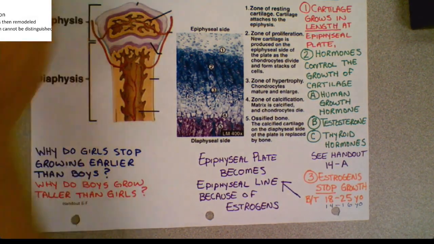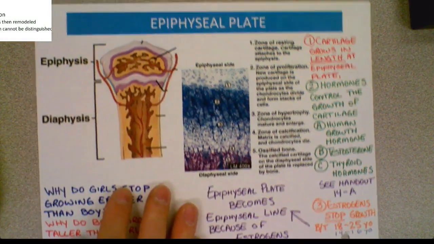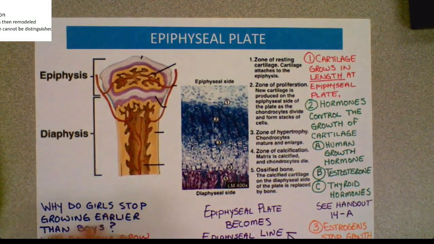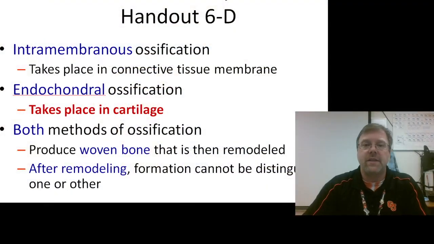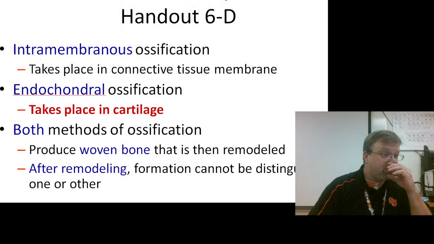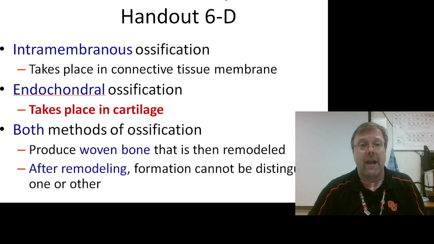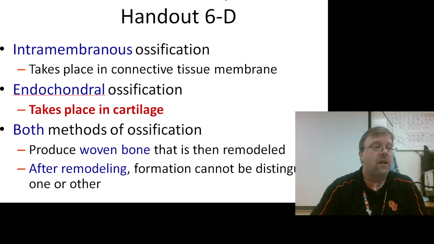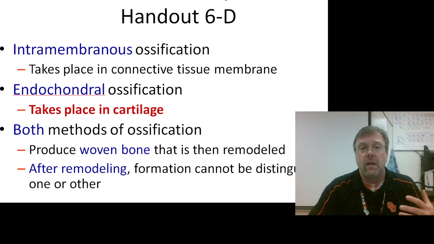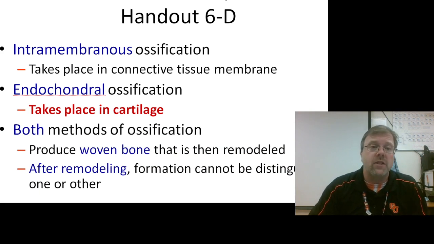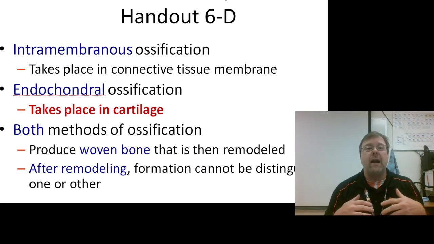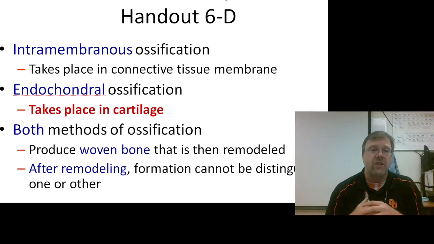So this kind of takes care of our epiphyseal plates. All right, so some interesting things about that, epiphyseal plates can be affected by these hormones. And that's also why we have this nature versus nurture.